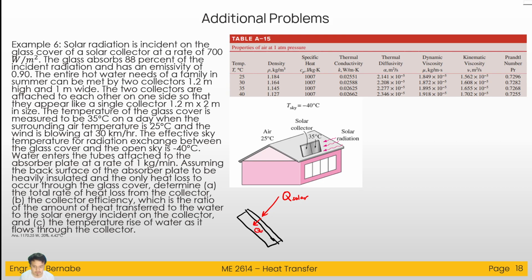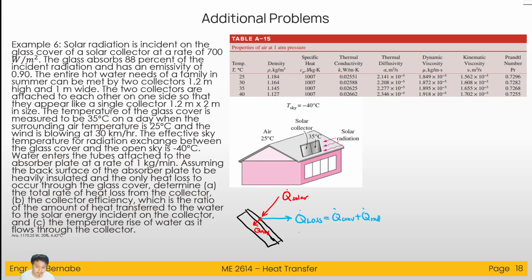So this is the Q absorbed. Imagine this is the node, this is the absorbed. And then since the temperature of the surrounding is lower than this point, there will be heat transfer going to the air. So this will be the Q loss, which includes both the convective heat transfer, Q convective, and Q radiative.